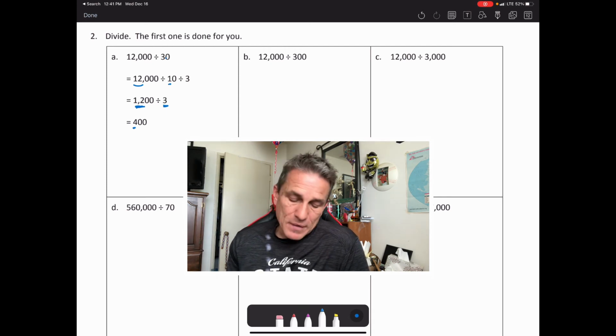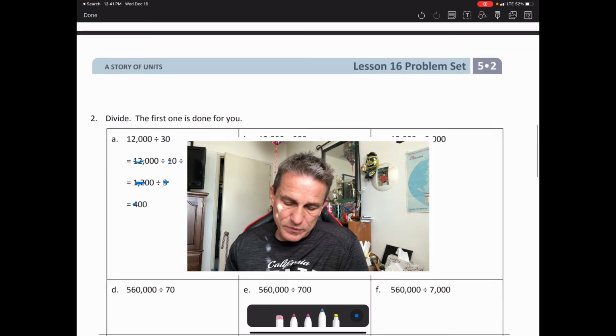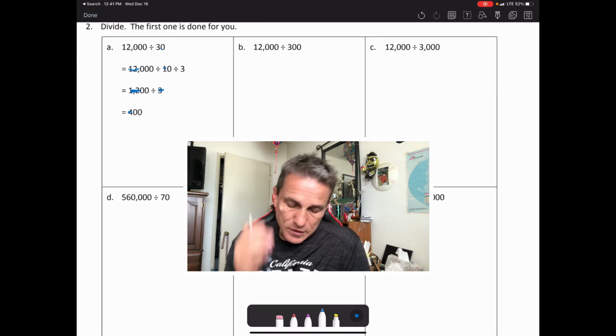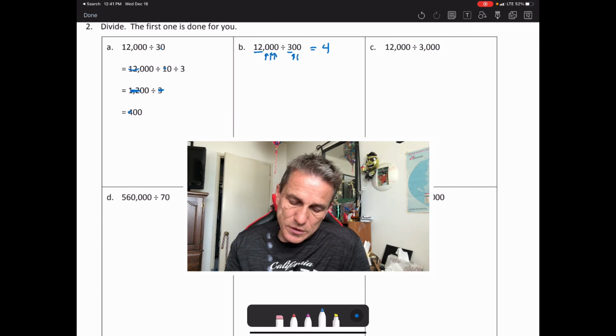I kind of like to think about it the way we were doing it in the beginning, is you take the fact family, 12, and divide it by the 3, and you're going to get 4. Then you take the 3 zeros in the dividend, subtract the 2 zeros in the divisor, and you get 1 zero left.